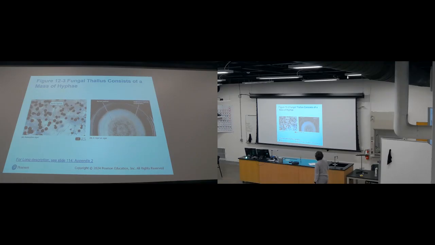So if you grow it in an agar, which more than likely is rich in carbohydrates, like Sabouraud dextrose agar, for instance, you can see two types of growth in the agar. This is a top view of the agar.